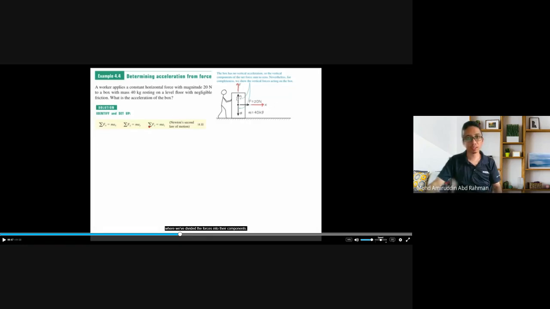For example, in this case, we can consider only the 2D direction, so we consider the net force in the x direction and also the net force in the y direction.